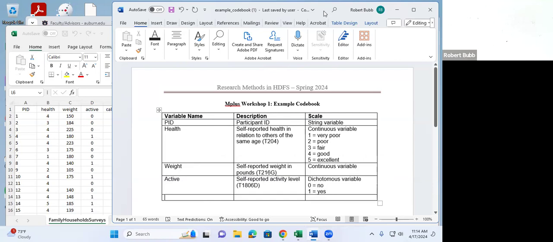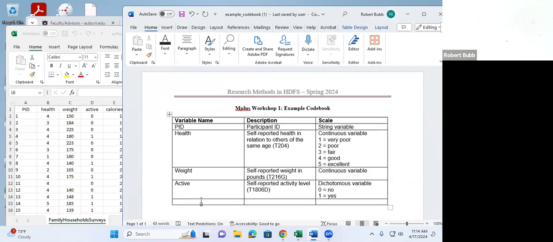So we can call this calorie. Again, we don't want to go over 8 characters for the name. A description, we can say number of calories. You can say something else, but something along these lines.